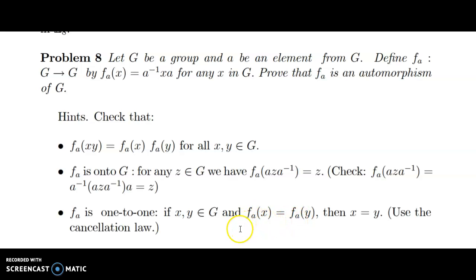You get A to the negative 1 xA equals A to the negative 1 yA. Cancellation law applies in any group. Cancelling A to the negative 1 to the left and A to the right, we get x equals y, which means that Fa is 1 to 1. And we are done.